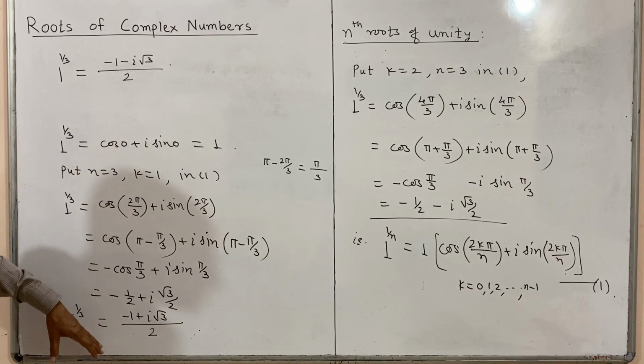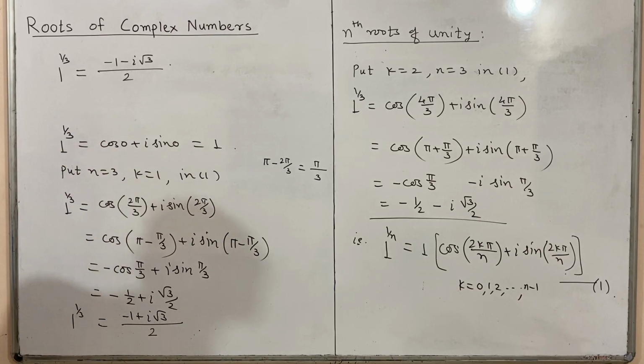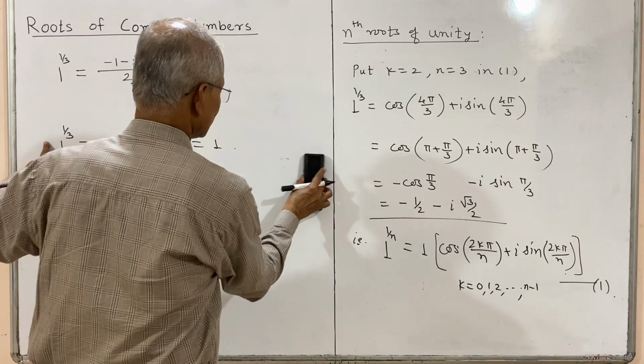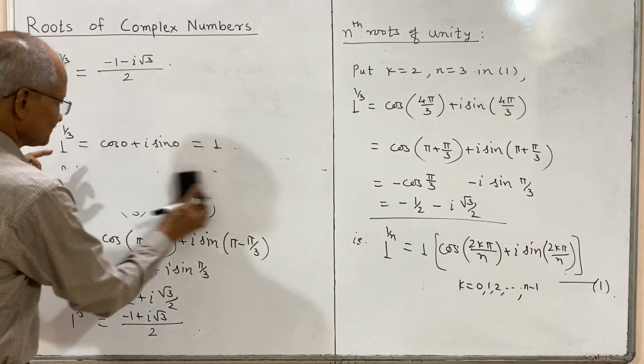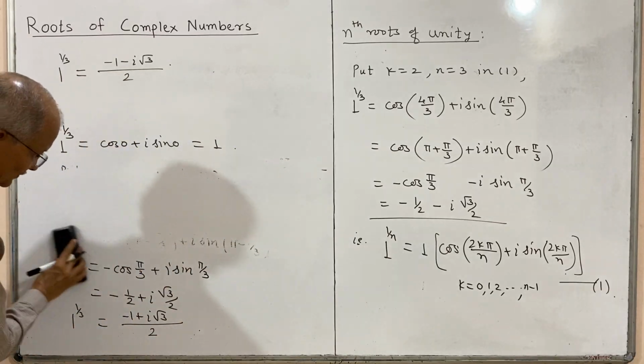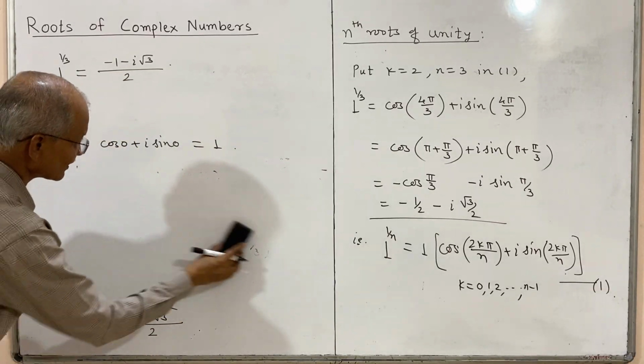So complex roots occur in conjugates, and thus here the 3 cube roots of unity are: this is first, this is second, and this one is third.